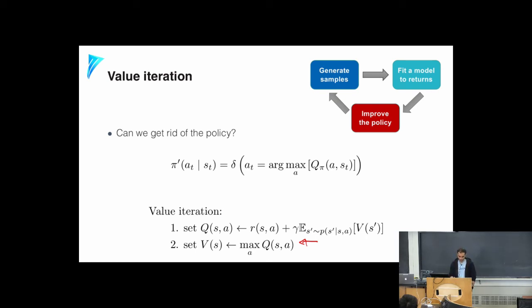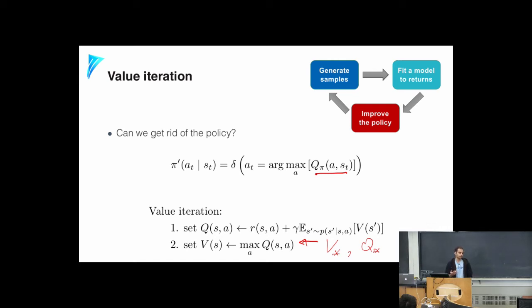So this relationship should hold for the V star and the Q star. Okay? So in a sense, the policy will be derived from the Q function through the argmax. And then in the value iteration algorithm, we don't actually need to represent the policy itself.